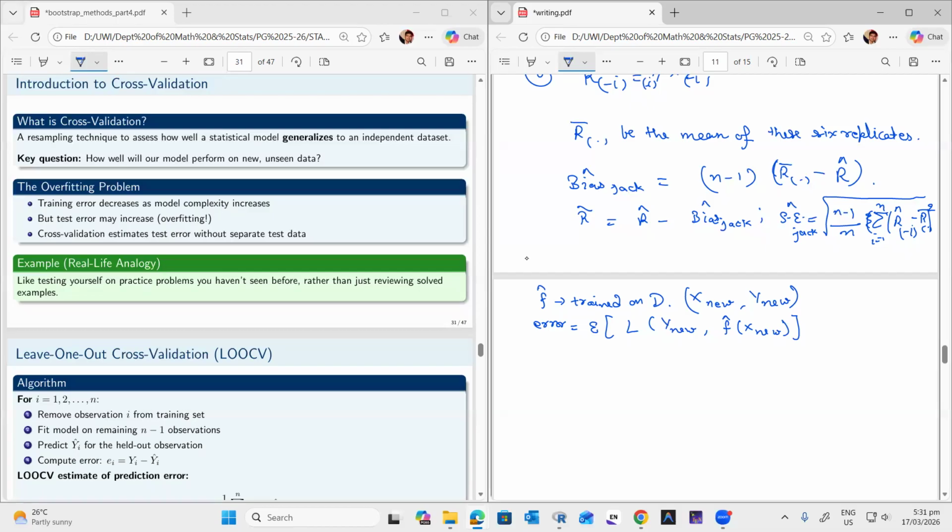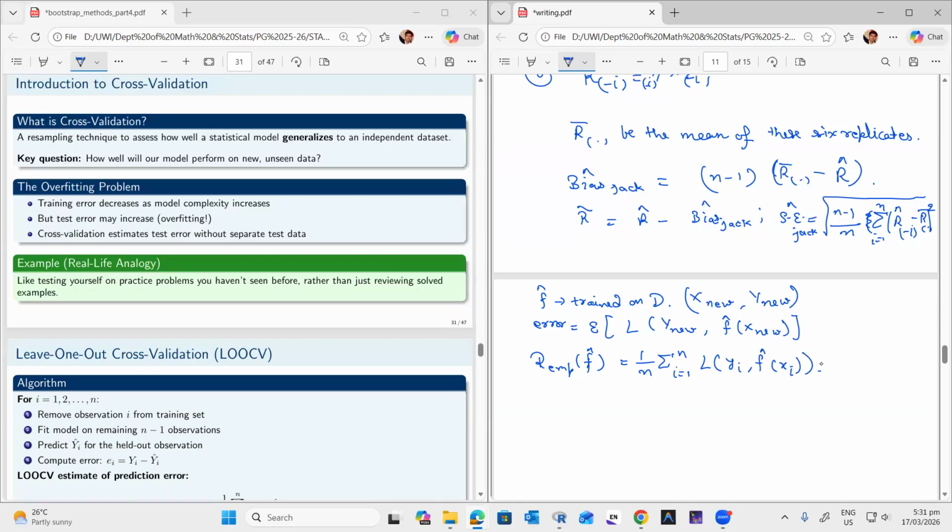The optimization process minimizes the empirical risk, denoted by R empirical of f cap, equals 1 upon n, summation over i going from 1 to n, L of yi and f cap of xi.